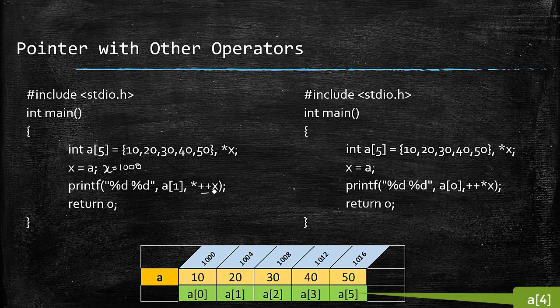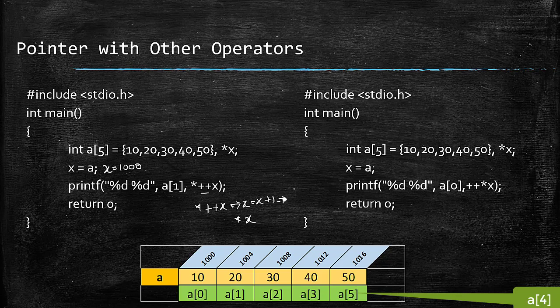So here what will happen? This will be evaluated as x equals x plus 1, then it will be *x. So x equals x plus 1 will be done first. So this will give me 1004. We have already discussed it.